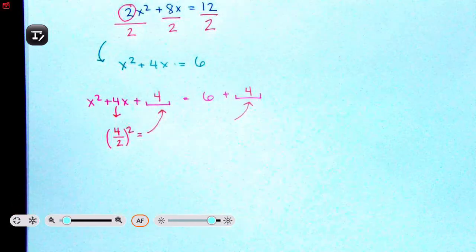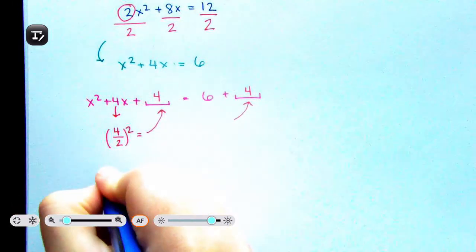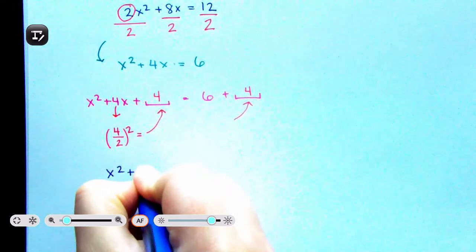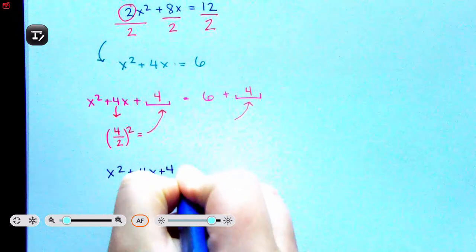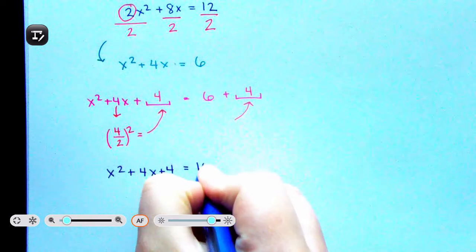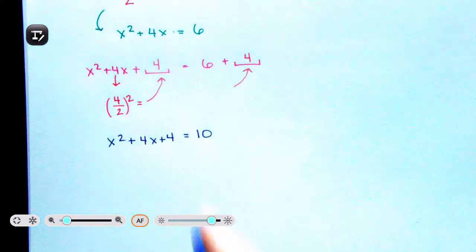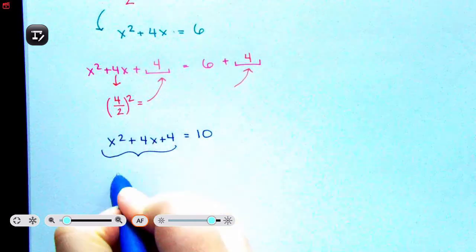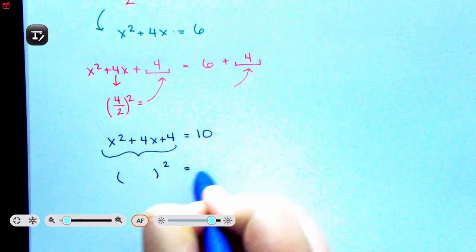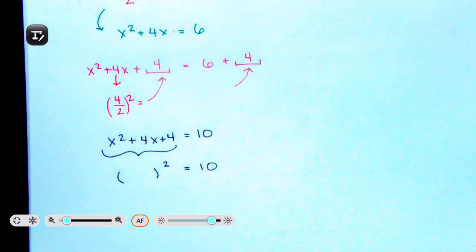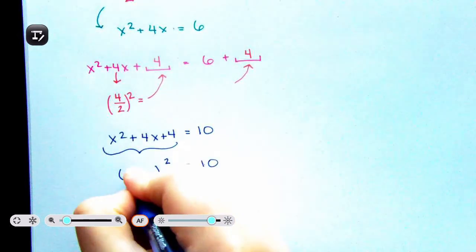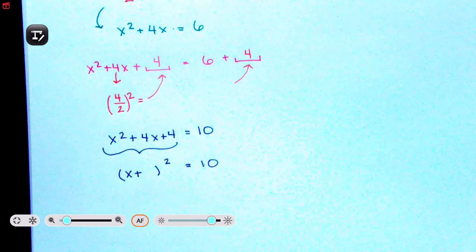So simplify and factor. We're going to simplify first. 6 plus 4 is 10. Now we're going to factor again, always. This will always, always, always be a perfect square if you've done your completing the square correctly. X is always going to be there, and we're going to add.